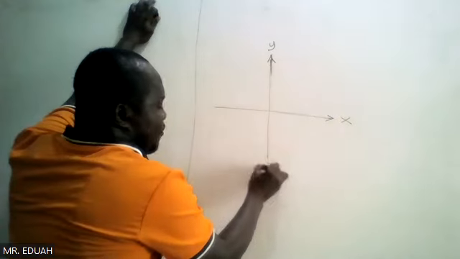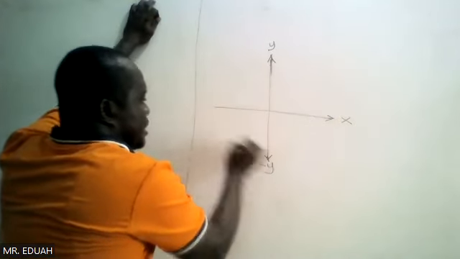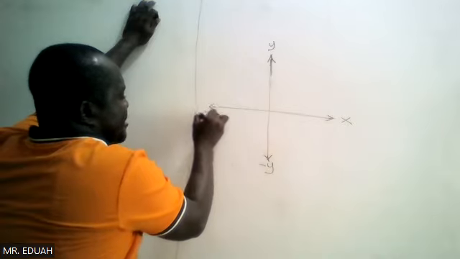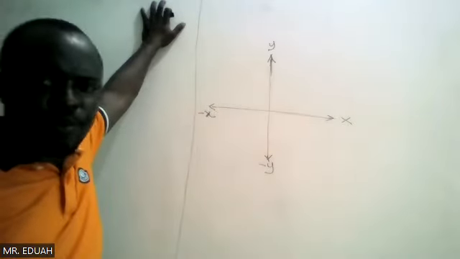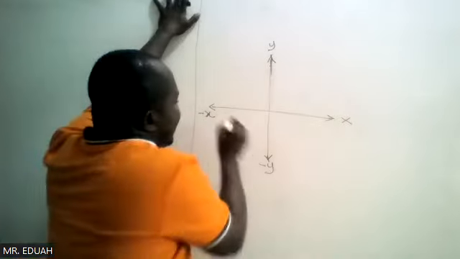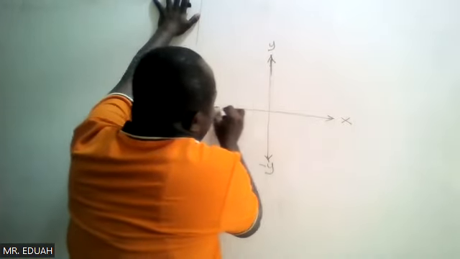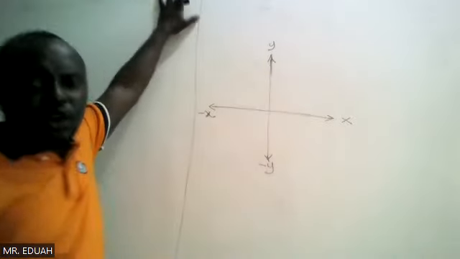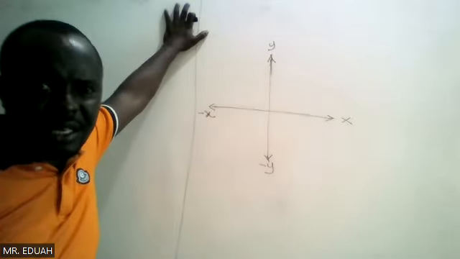This is the negative y-axis. This is the negative x-axis. If a vector is along one axis, we can only have one component.